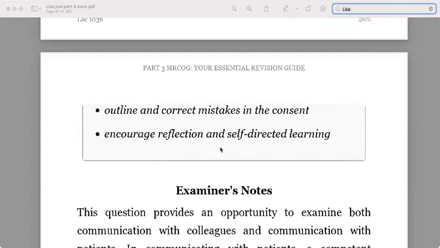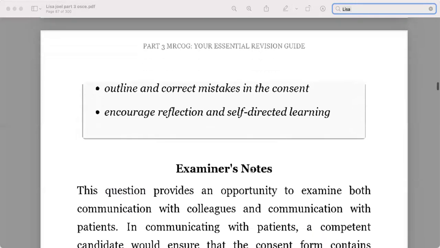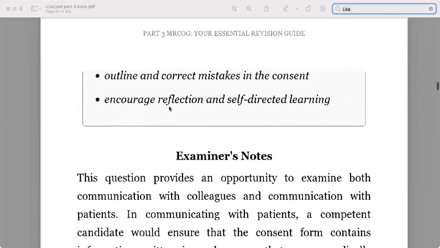That means we learn from the situation rather than blaming the trainee because he didn't have the correct consent. So this is when you encourage reflection in a non-blaming way.